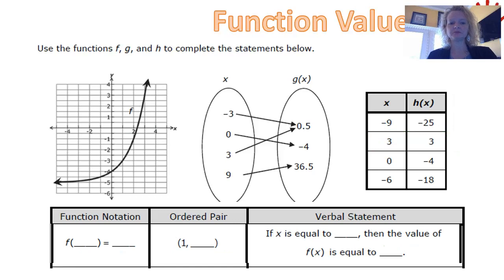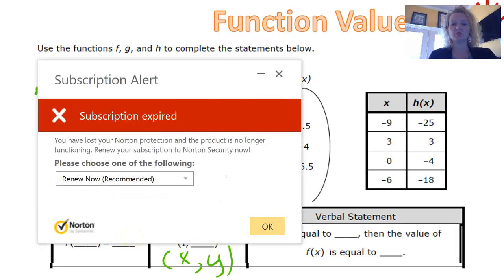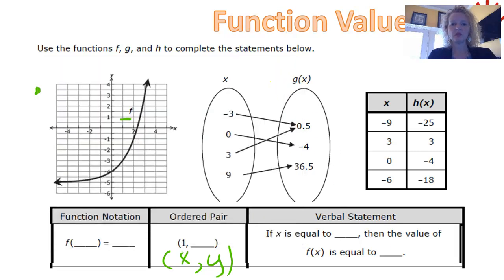Let's try another one. On this one, it has the function notation, the ordered pair, and the verbal statement. If you notice, it's talking about the function f. So you're looking at the graph this time because you're looking at function f. The ordered pair says 1. We know it's x comma y, so when x is 1, what is my y value?